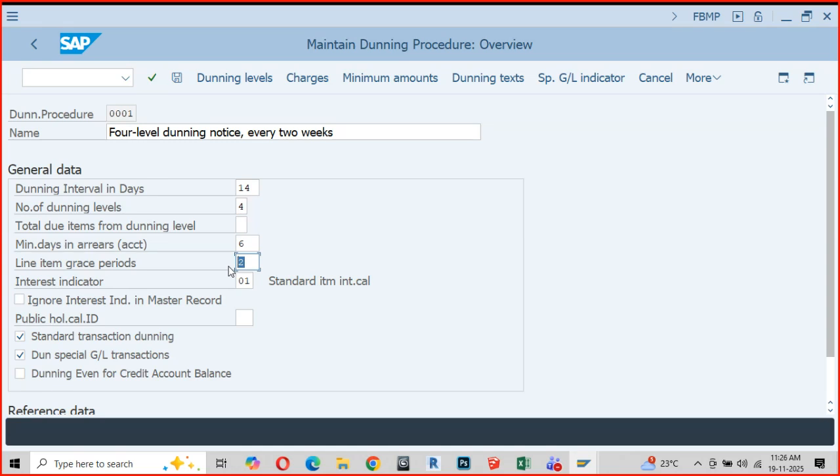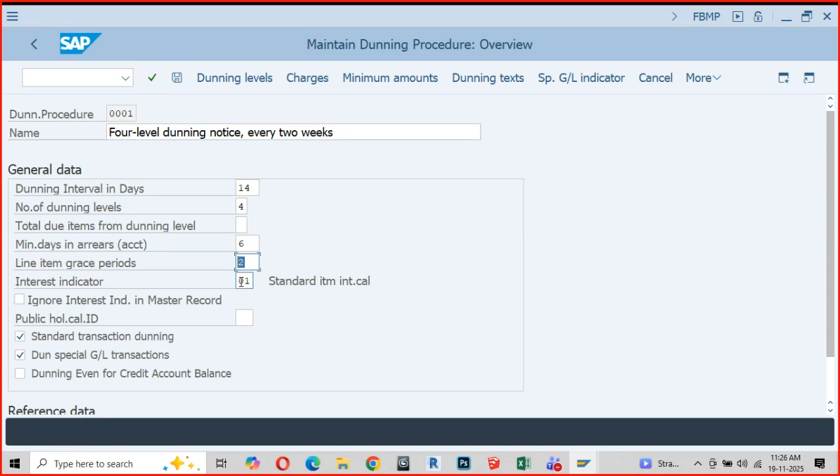Okay. So the interest indicator. We said we are going to calculate interest, correct? There was one line in the first letter on the second dunning level which said, unfortunately, since you have not made the payment, we might have to penalize you in the form of interest. This topic is called the interest indicator, interest calculation.